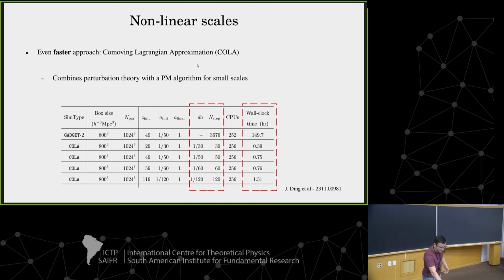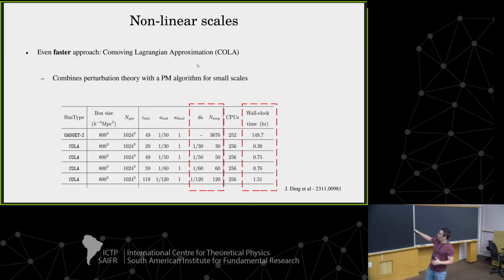Just to finish this part on COLA, I want to give an idea of the wall clock times. They have basically the same number of CPUs and were run on the same machine, so the wall clock is precisely what we want to understand how fast COLA can be. The first line here is just a Gadget-2 simulation.